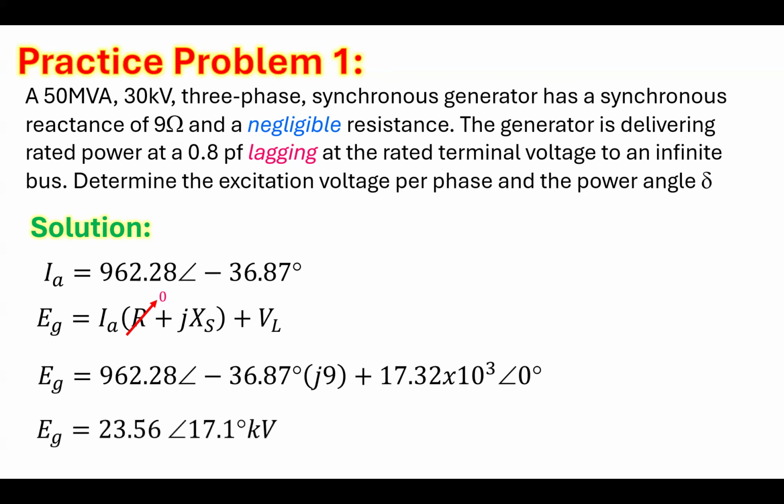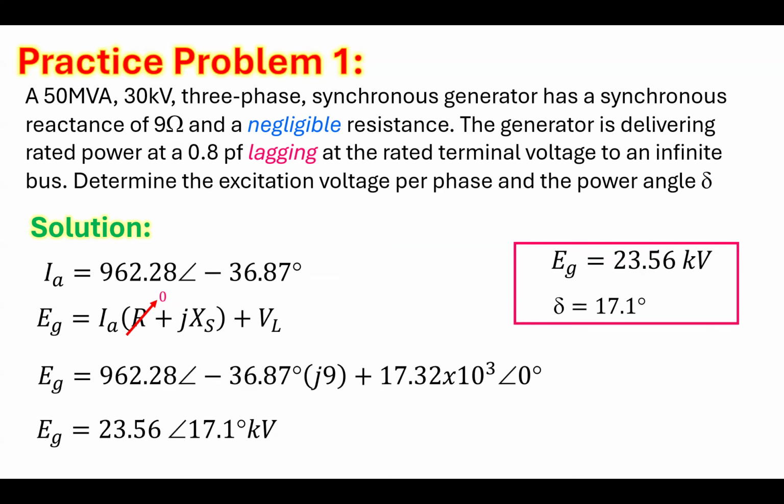And we will get 23.57 angle 17.1 degrees kilovolts. So the generated voltage is simply 23.56 kilovolts, and the power angle is equal to 17.1 degrees. So this is our answer.